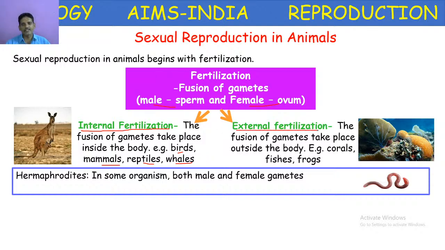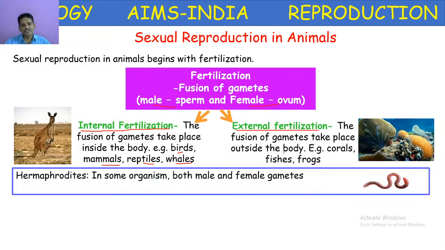Then external fertilization. If the fusion of gametes takes place outside the body of animals, then it is called external fertilization. Most of the primitive vertebrates undergo external fertilization, and even invertebrates also prefer external fertilization, where the male organism releases the spermatozoa and the female organism releases ova outside, either in the water or on the land.